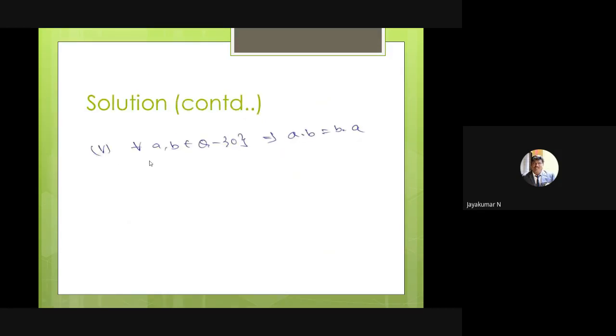Similarly, the fifth axiom, because I want to prove it is an infinite abelian group. For an abelian group, I have to check the fifth condition: if we choose any two elements in Q minus 0, A dot B is equal to B dot A. Since multiplication is always commutative, addition is also commutative.